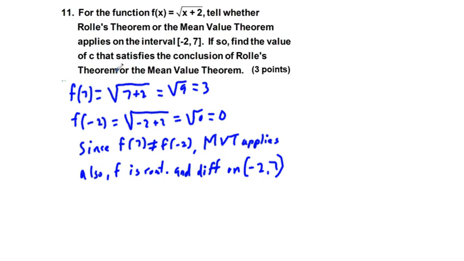If so, find the value of c that satisfies the conclusion of the mean value theorem. First of all, we find the average rate of change, which is f of b, which is 3, minus f of a, which is 0, over b, which is 7, minus -2. And so we get 3/9, which equals 1/3.